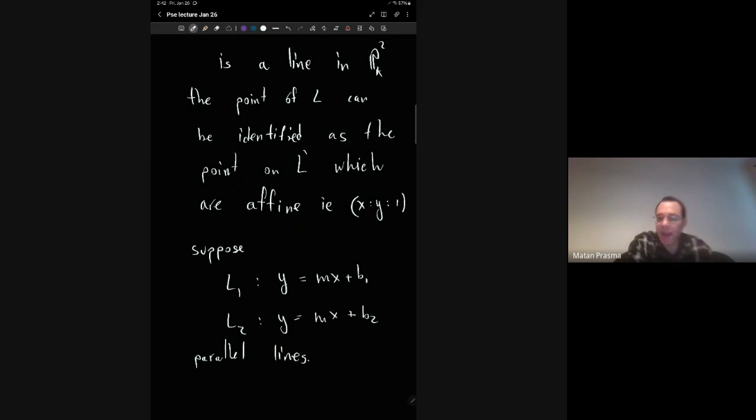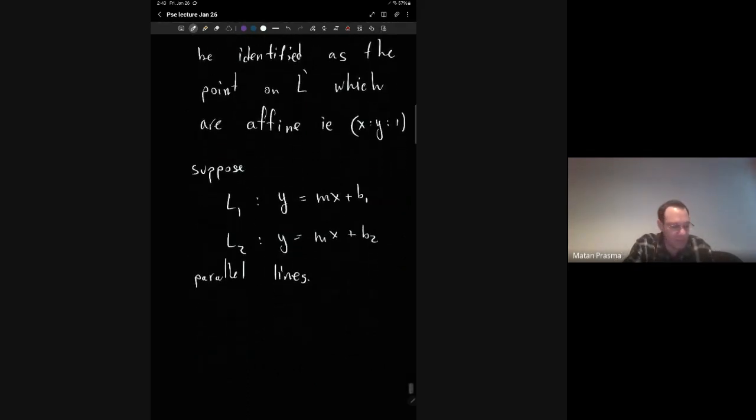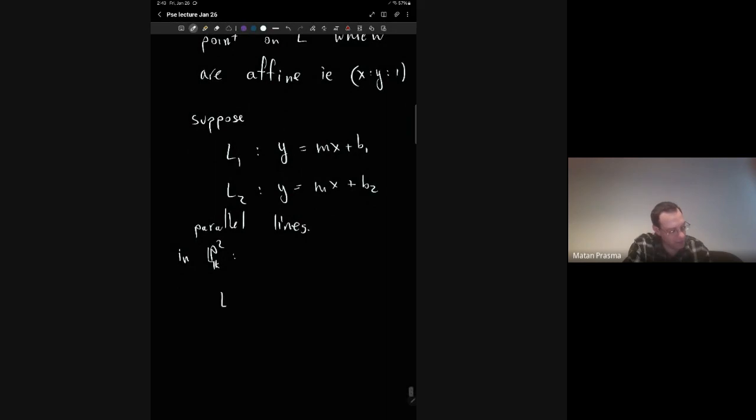Now I take the homogenization of these parallel lines. So in P2, I get L1 prime, which is y equals mx plus b1z, and L2 prime, y equals mx plus b2z.